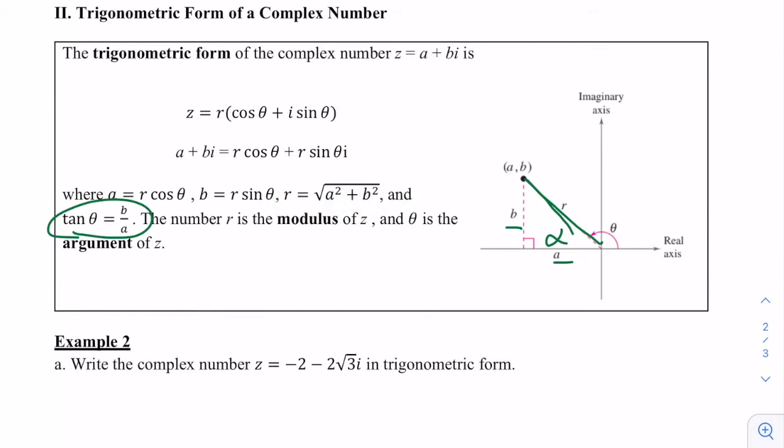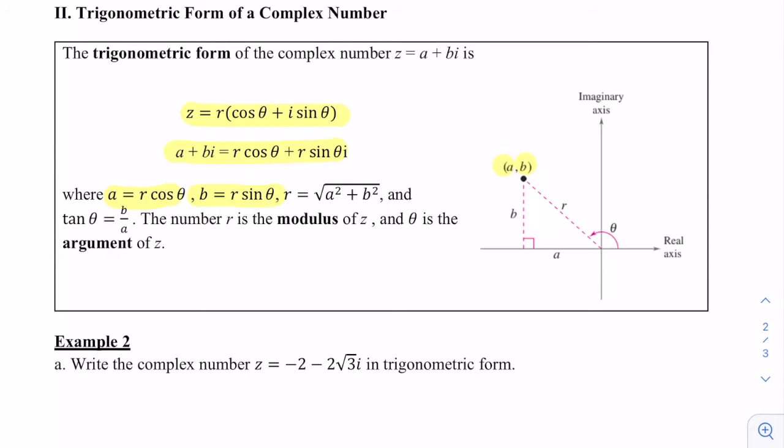Then, that a coordinate is going to be the radius times the cosine of theta, and the b will be equal to the radius times the sine. So if we write that as a plus bi, we can factor out the r and rewrite it as z equals the radius times cosine of theta plus i times sine of theta.